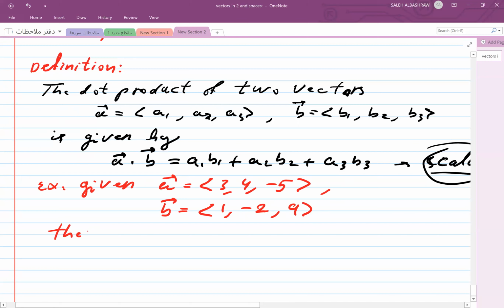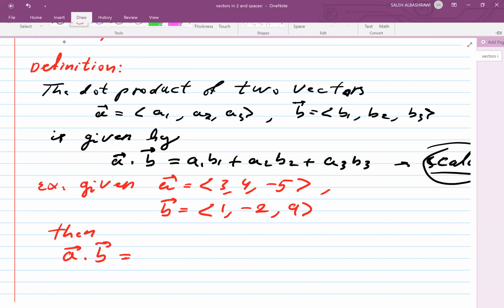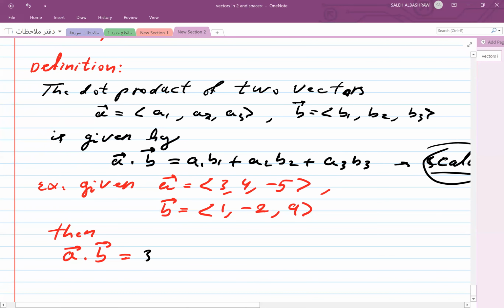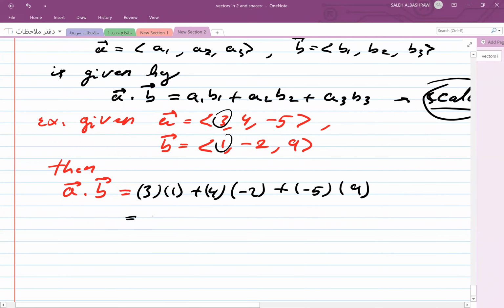Then the dot product A with B is equal to 3 multiplied by 1, the first component with the first one, plus 4 multiplied by minus 2, plus minus 5 multiplied by 9, which is equal to 3 minus 8 minus 45.